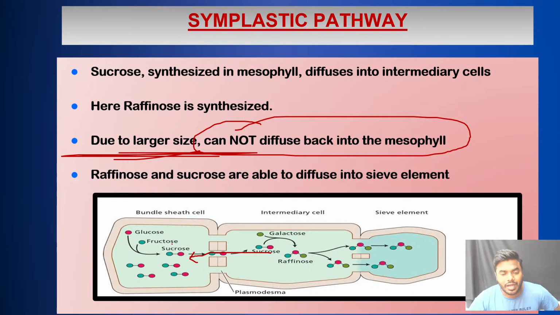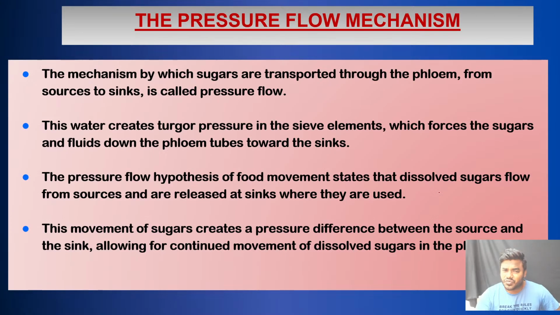They never come back. Instead, the raffinose and stachyose, the larger sugars from the companion cell, enter the sieve tube element. How, friends? Of course, via larger plasmodesmata. Finally, they will enter.